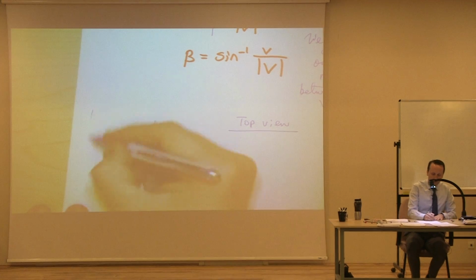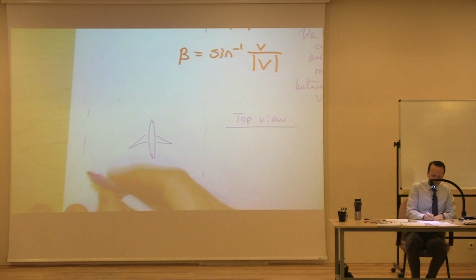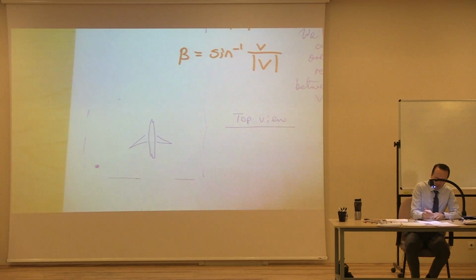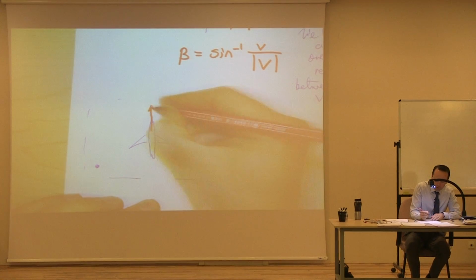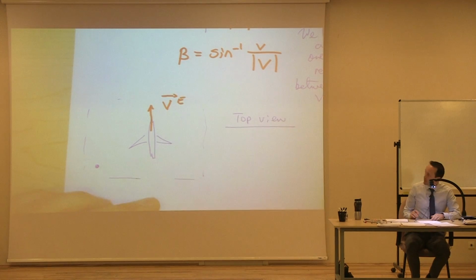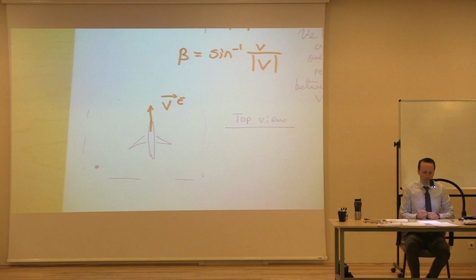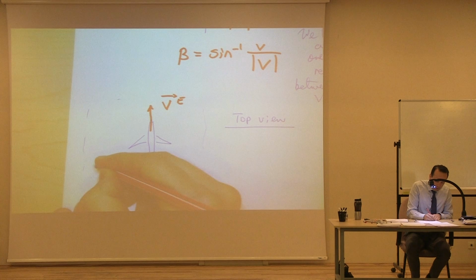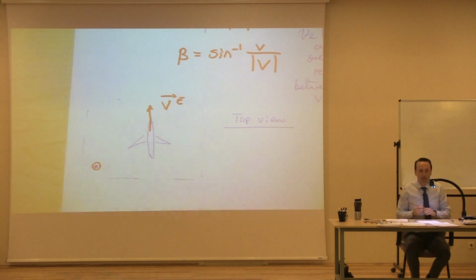This is the ground, and you are here looking at the airplane and saying the airplane is moving in this direction with a certain velocity. This is the velocity vector of the airplane with respect to Earth, and this is you looking from the top, maybe you have a little head. That's your head.